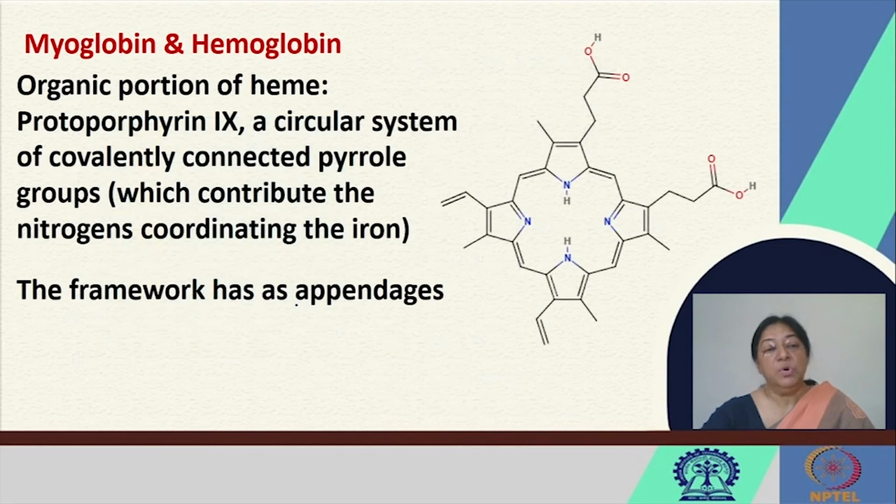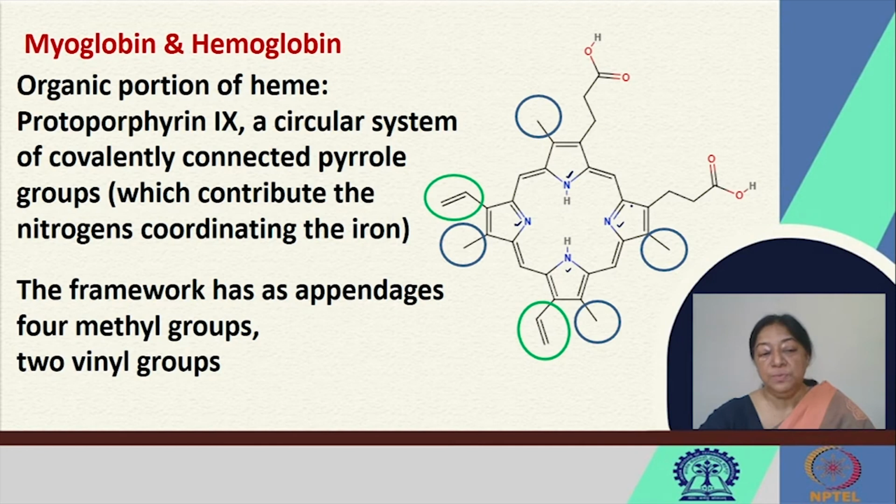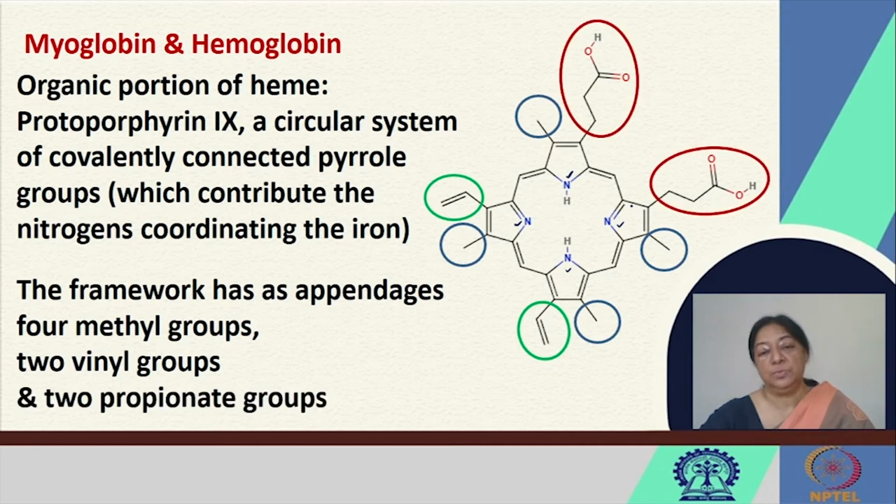The organic portion of the heme, that is the protoporphyrin IX, is a circular system that has covalently connected pyrrole groups which contribute the nitrogens that coordinate the ion. The framework has specific appendages: 4 methyl groups, 2 vinyl groups, and 2 propionate groups.